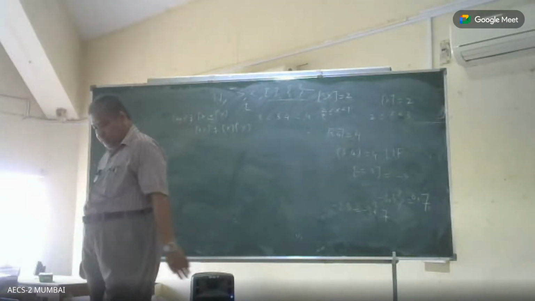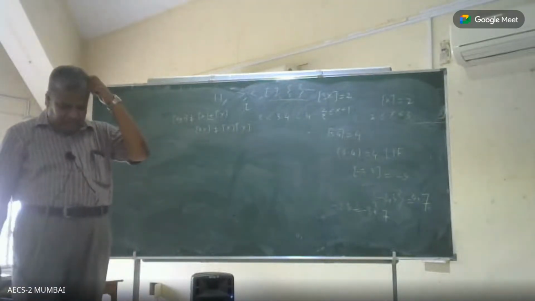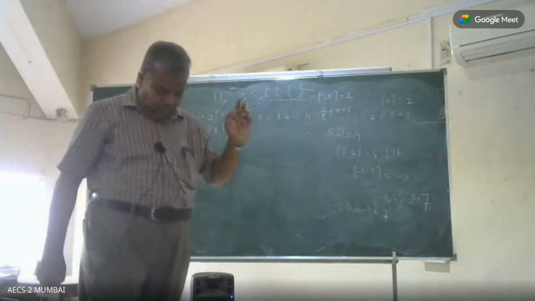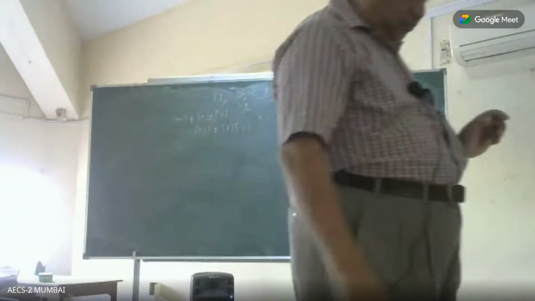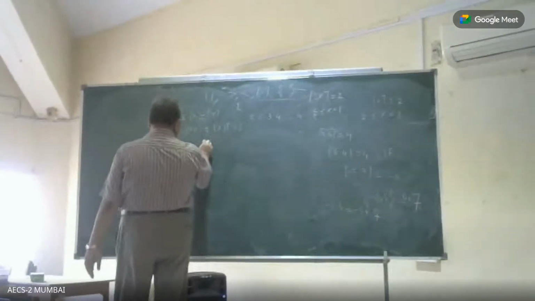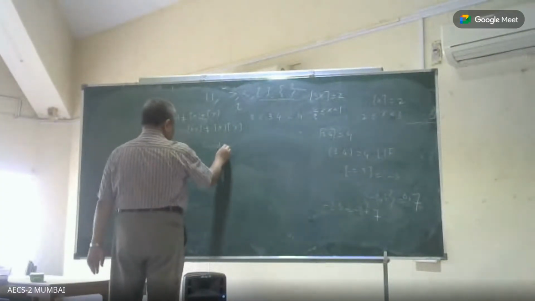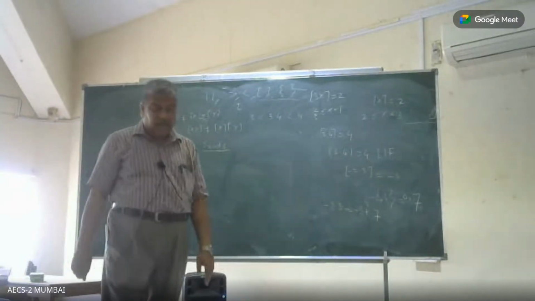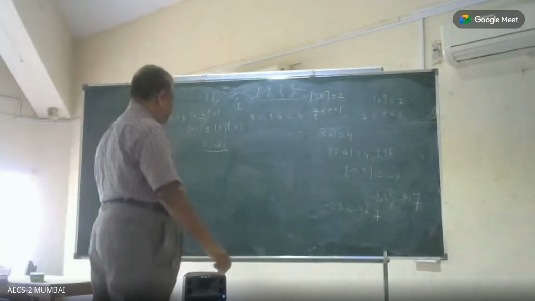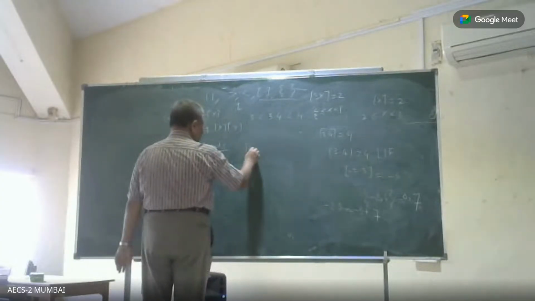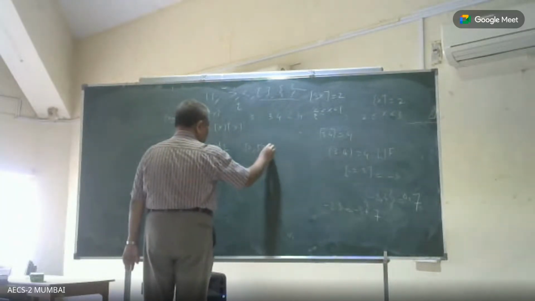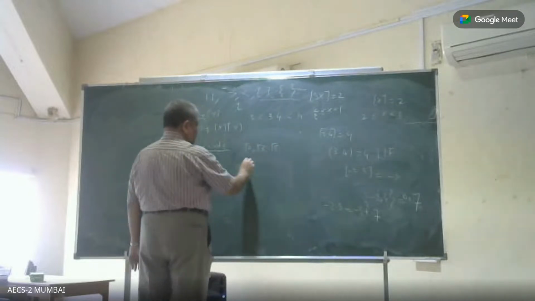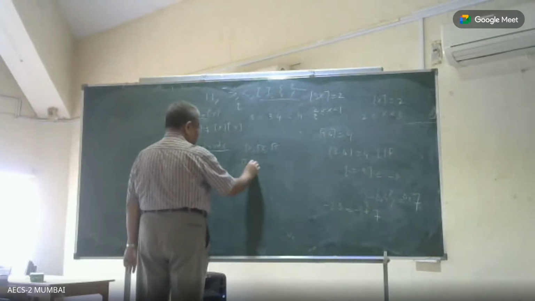Okay, so yeah, let me tell you about quadratic surds. Quadratic surds are what, for example, this, or you can say this.